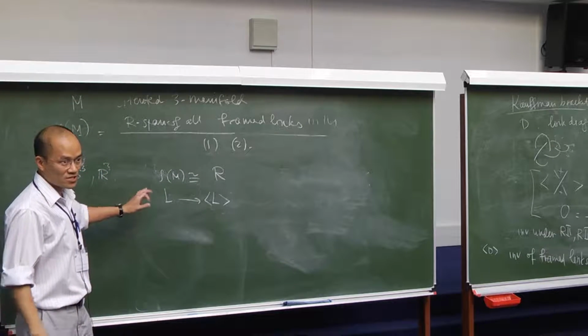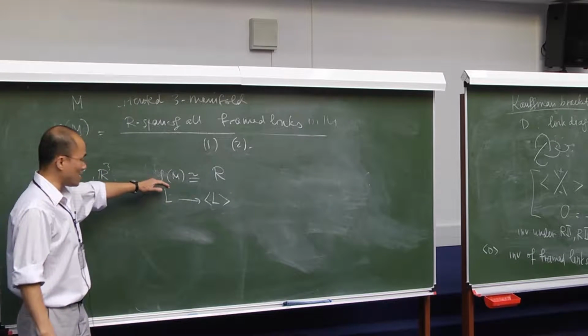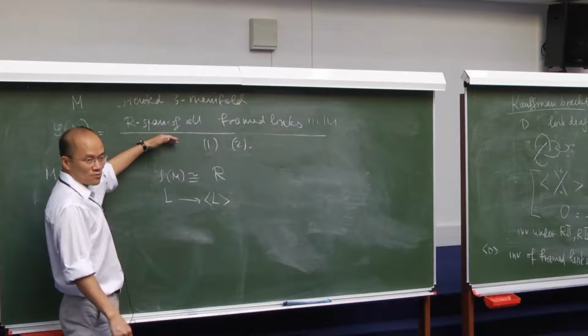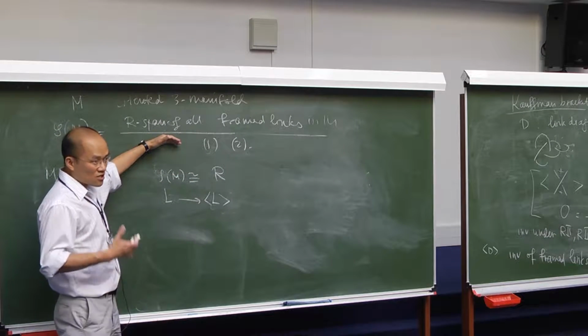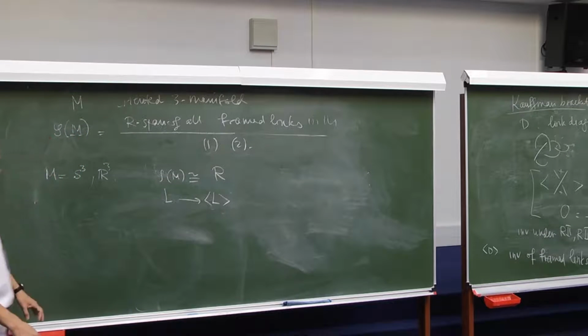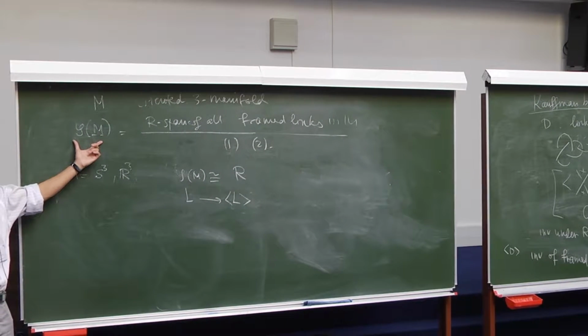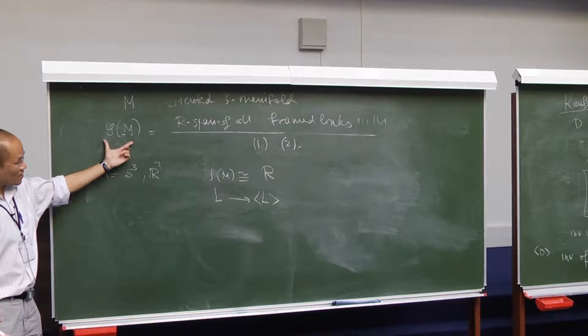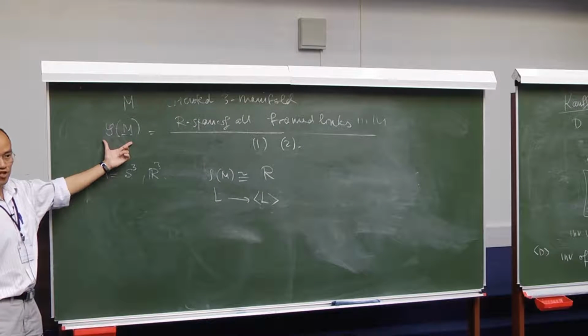That would be the isomorphism, if M is just S3. So in this sense, this skein module is a generalization of the Kauffman bracket to three-manifolds. So the size, or the rank, of this skein module over R is more or less the number of Kauffman bracket polynomials in M.